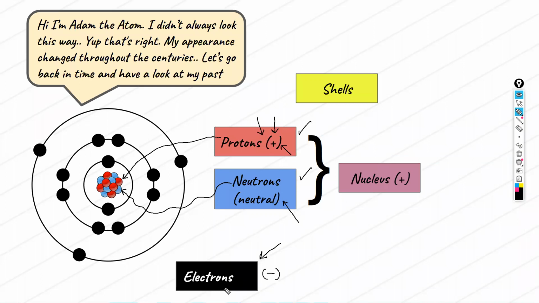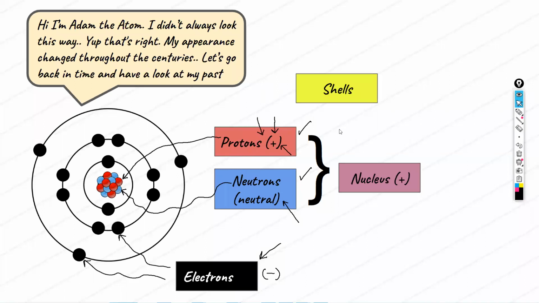The electrons, on the other hand, are not at the center. They revolve around the center, just like how the planets revolve around the sun. And the electrons, and there are many of them usually, and all of them, all the black dots, have what? A negative charge.